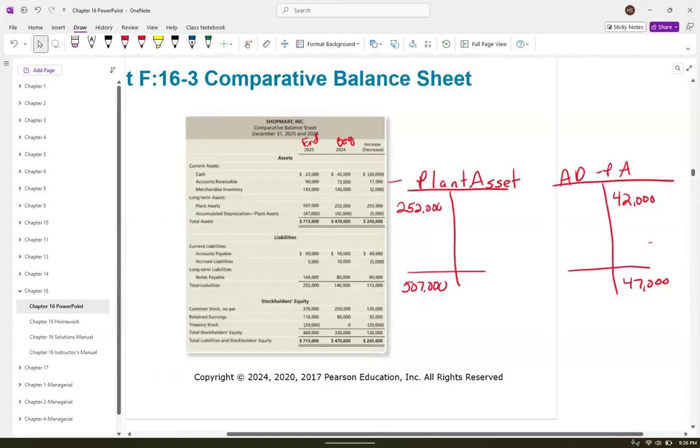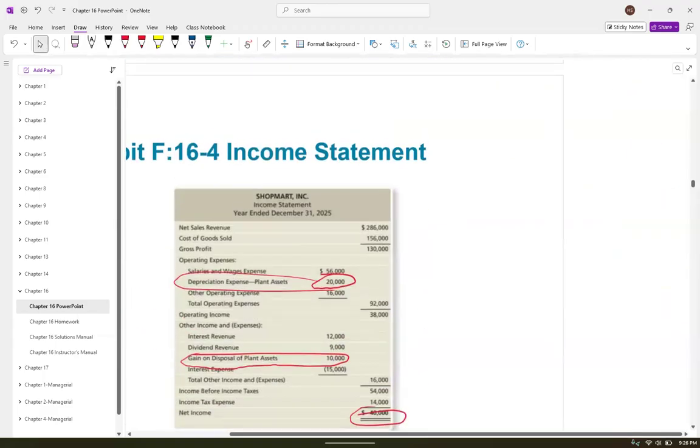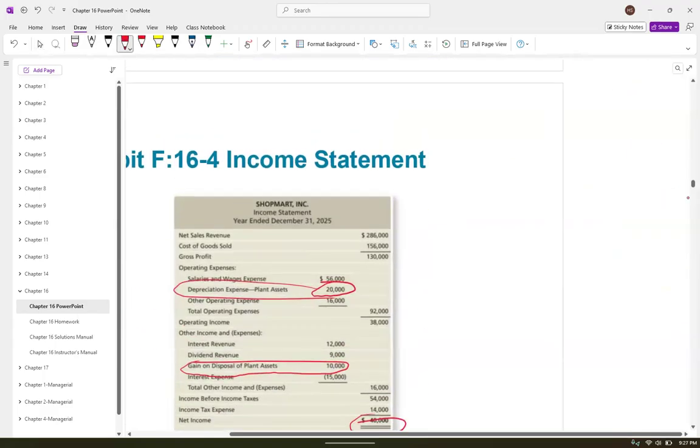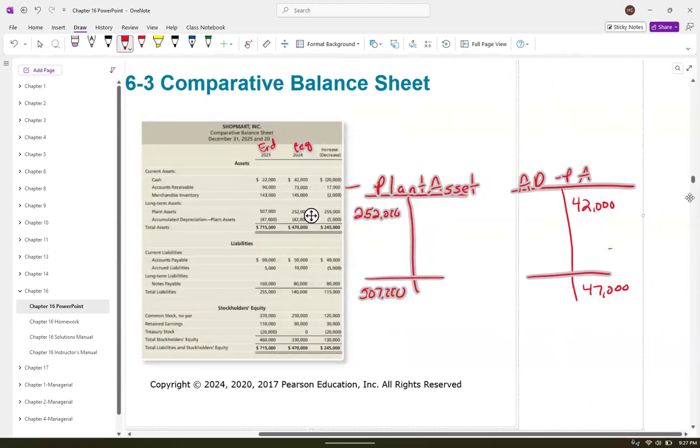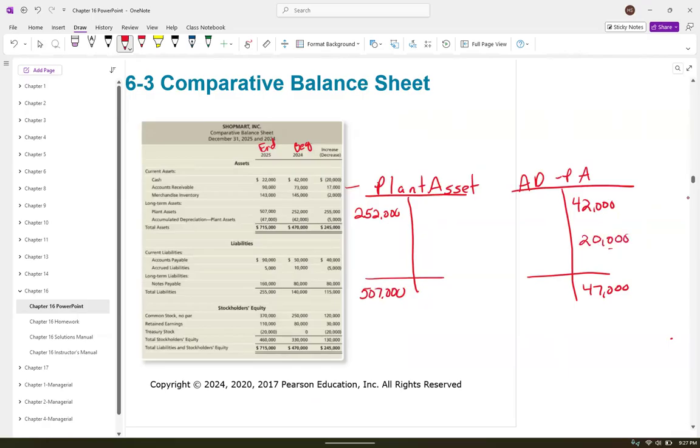That depreciation expense came from here, 20,000. So we know that this accumulated depreciation was credited for 20,000. There's a lot of moving parts going on here. I'm going to put in parentheses depreciation expense so you know where that number came from.